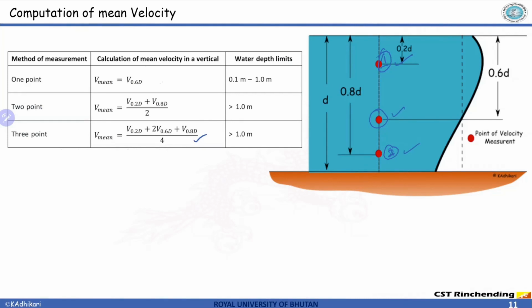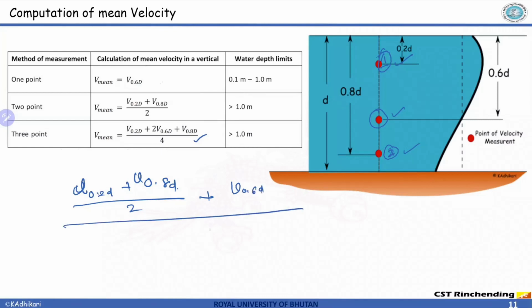In fact, this is the average of average velocity. How this equation is derived is, first you take the velocity at 0.2 d plus the velocity at 0.8 d and average them, then you add the velocity at 0.6 d and again average this.